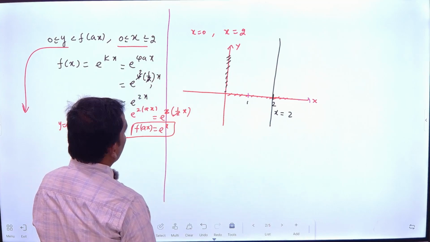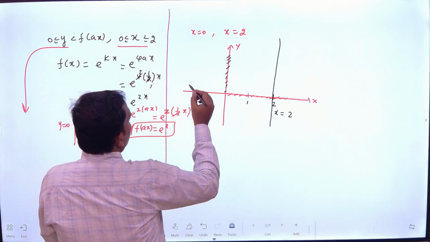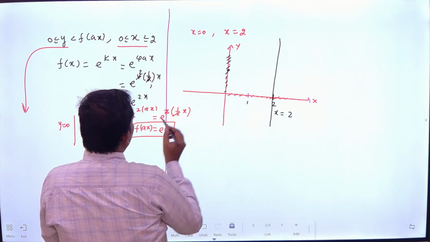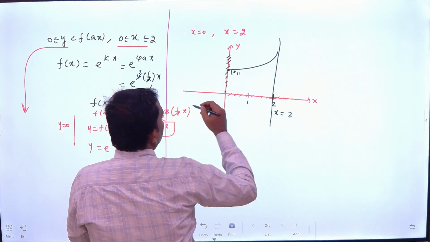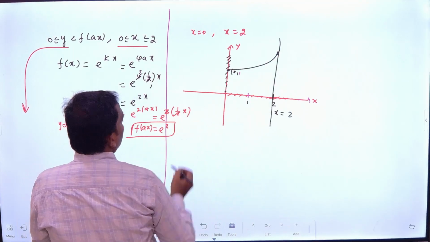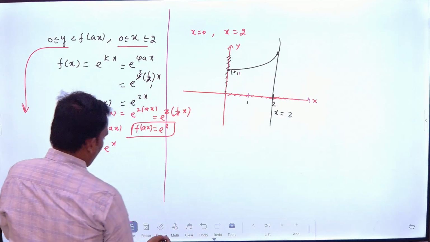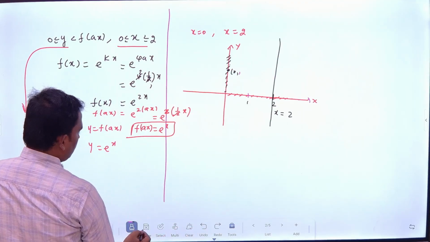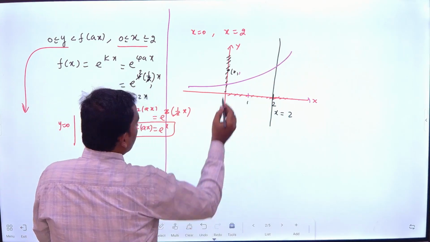Now you have to draw the graph of e power x. F of ax is e power x. The graph will intersect at 0 comma 1, right? The graph will be like this, right? Correct? Suppose you draw it like this, this is the e power x graph.